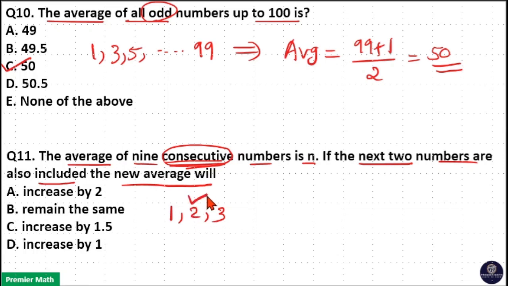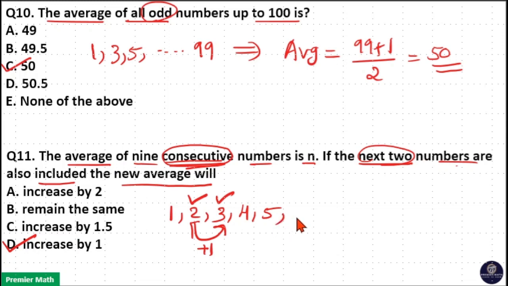So middle number is the average. Now if I add next two consecutive numbers, 4 and 5, the average of these 5 numbers is the middle number 3. Now you can see average increases by 1 if I add 2 numbers next to it. So option D is your answer.